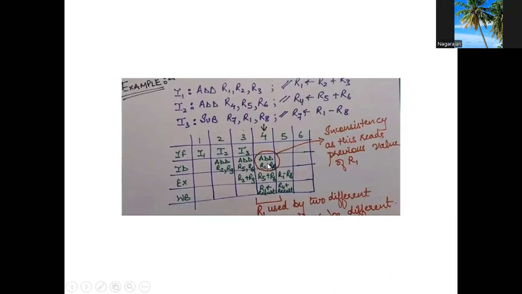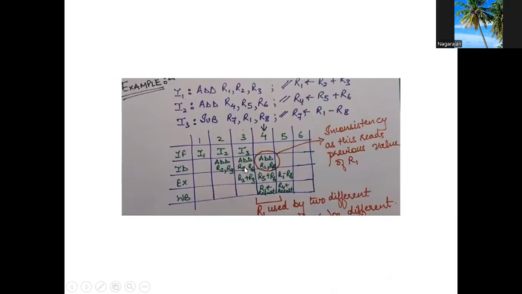And in the execution phase, we allow R2 plus R3, the add operation, then I1 is over, then I2, the add operation, and next for I3 we give a chance to subtract, that is R1 minus R8. If you look closely, there will be a chance of inconsistency here, because I3 is executed after I1 only.